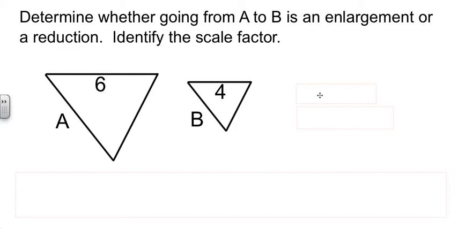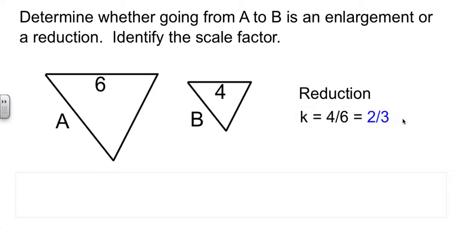Well, we're going from 6 to 4, so it's clearly a reduction. And then we need to find the scale factor. Well, the scale factor is the image size divided by the pre-image size. So 4 to 6, which reduces to 2/3.